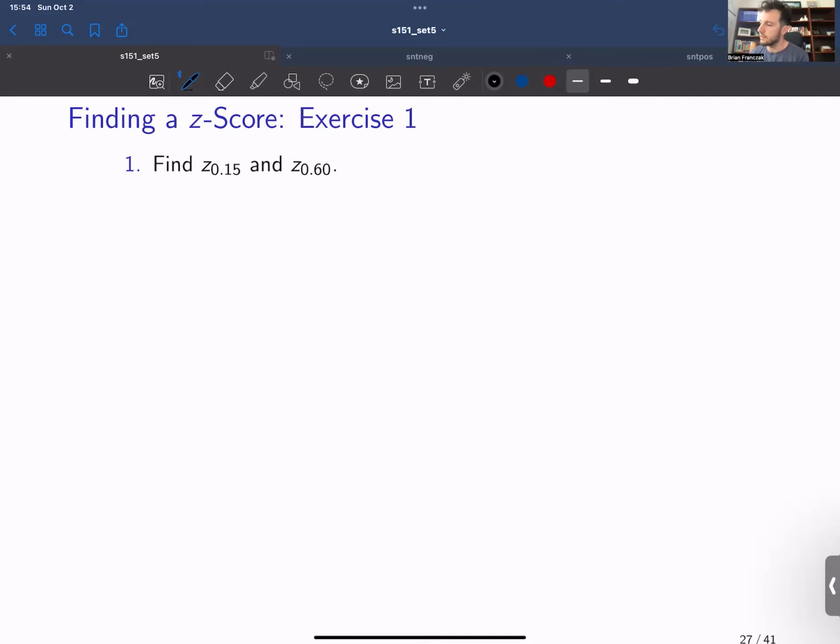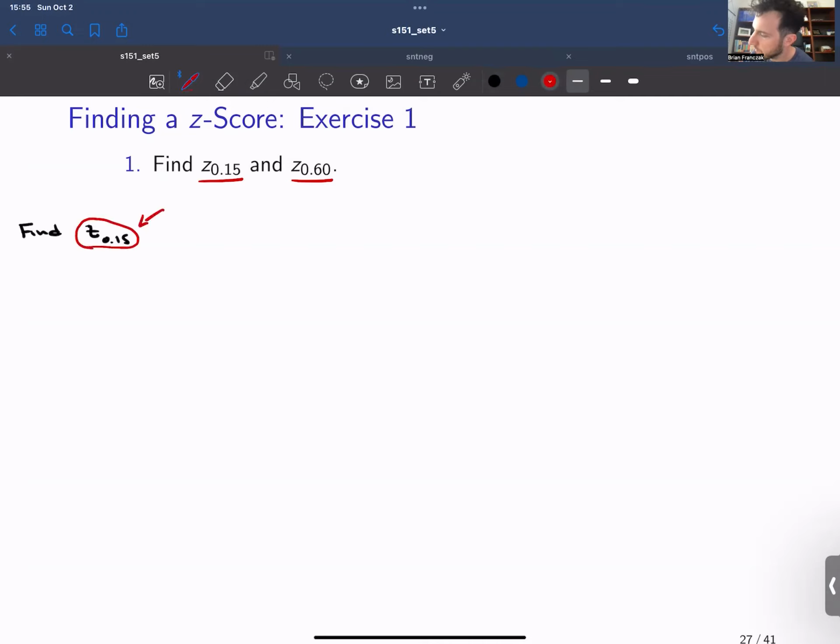You'll notice that in this exercise, we have two values, z subscript 0.05 and z subscript 0.06. The subscript represents the area to the right of the z-score of interest. Okay, so for example, this whole thing is what we're looking for.